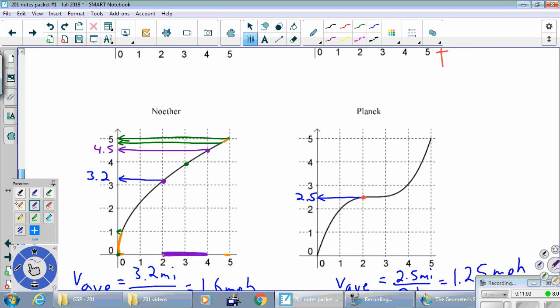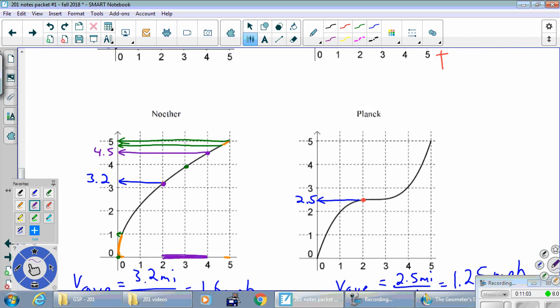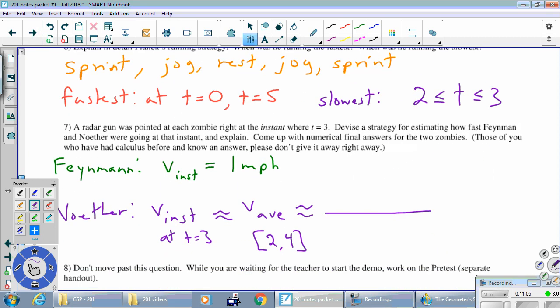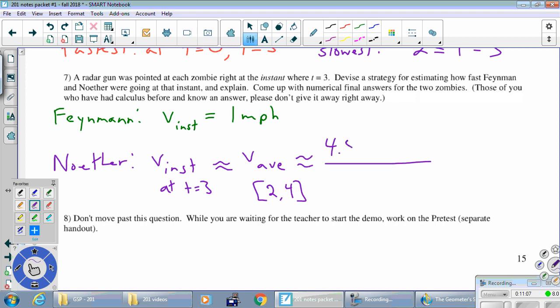Change in distance, 4.5 minus 3.2, and then the change in time, well, at the end was 4 hours, and at the beginning was 2 hours. So we calculate here, 1.3 divided by 2, 4.65 miles per hour.